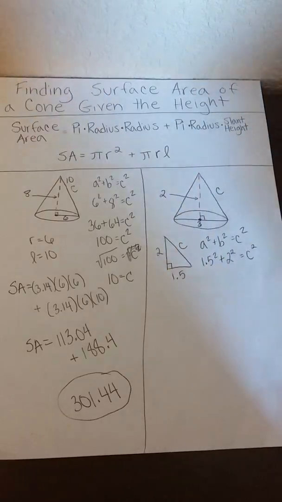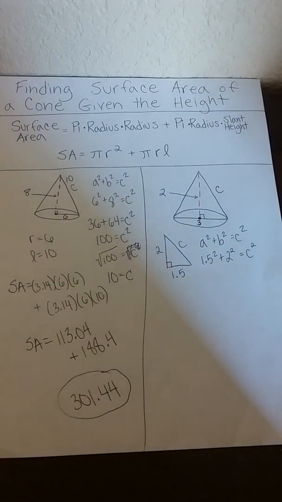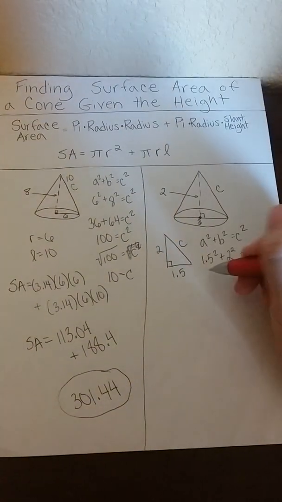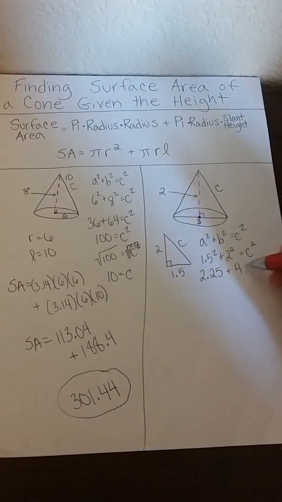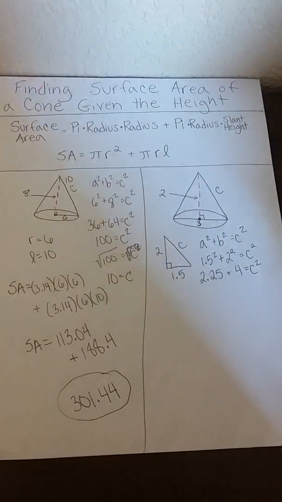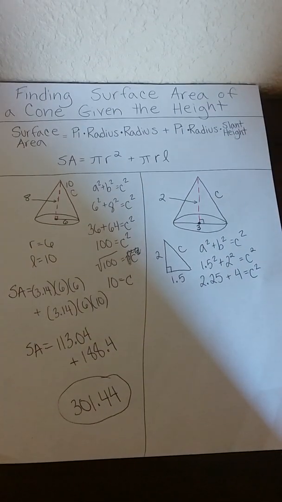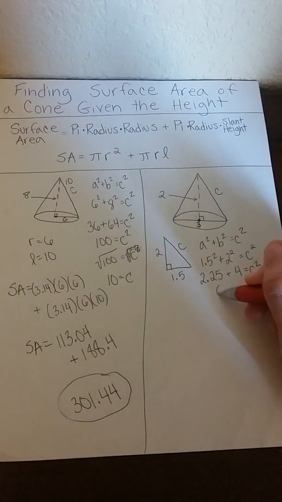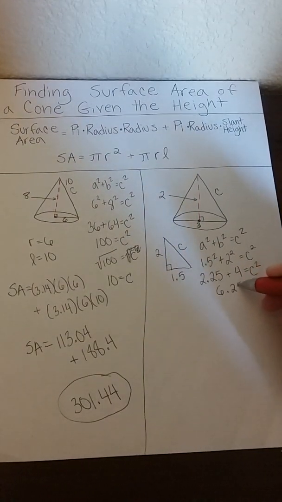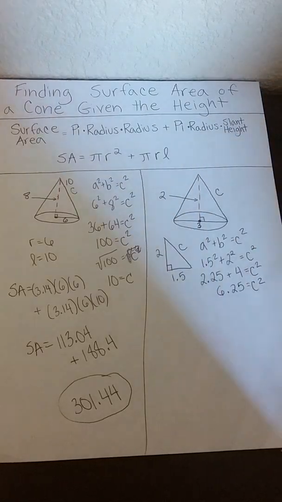And I don't know c, which is my slant height. 1.5 squared is 2.25. 2 squared is 4. That equals c squared. Since 2.25 and 4 are on the same side of the equation, I'm going to go ahead and add them and get 6.25 equals c squared.